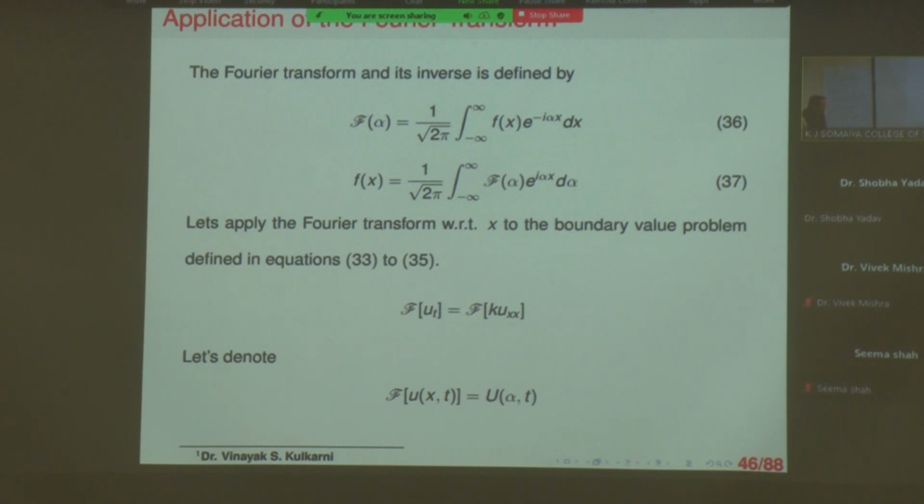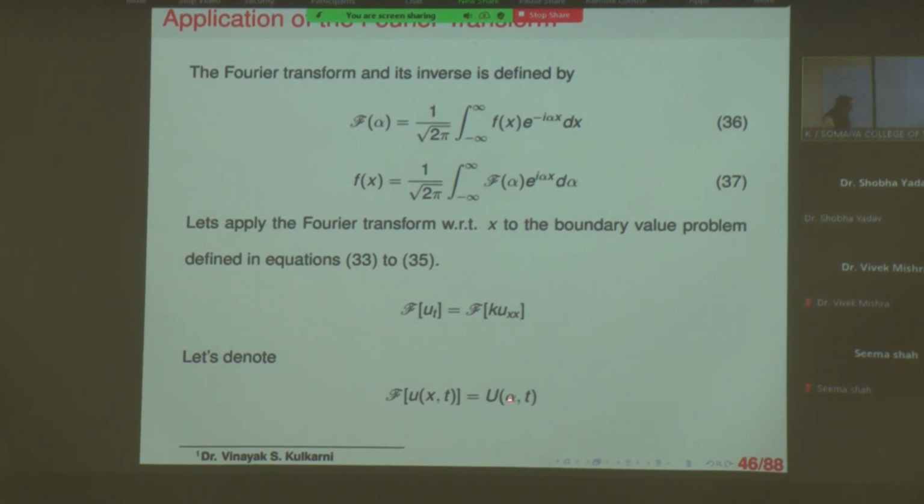As I told you, we are applying the Fourier transform with respect to the space variable x. The independent variables that play a role in this particular problem are x and t. As I am going to apply it with respect to x, the variable t will be carried forward as it is. There is no effect on variable t, even if I apply the integral transform.